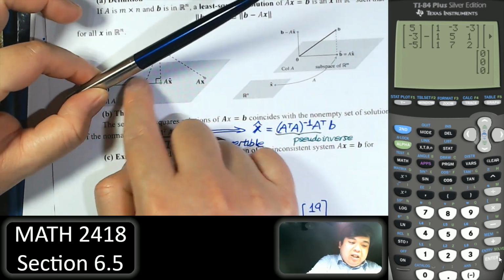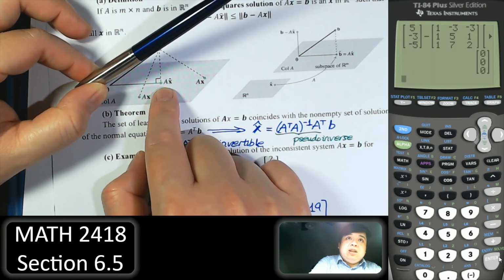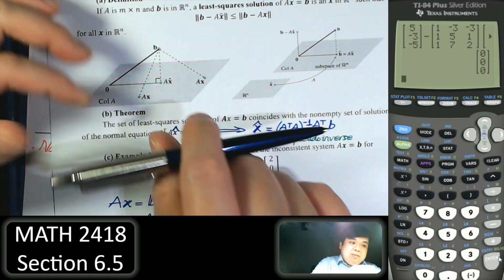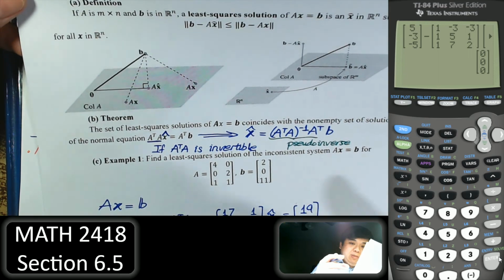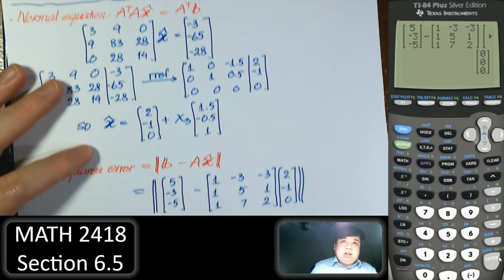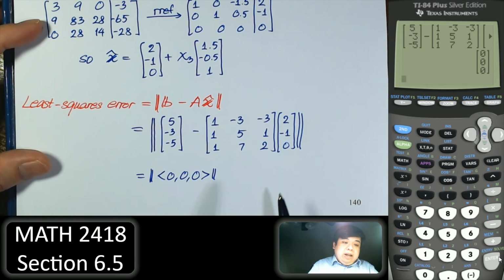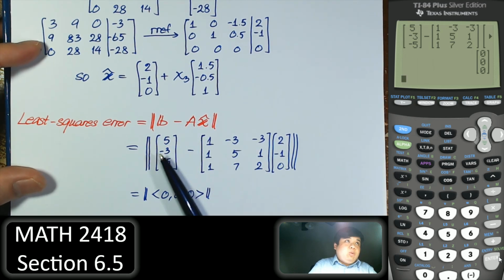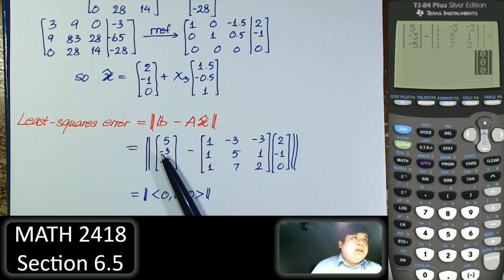If b is not in the same space as Ax, that's one case, but when b is in the same space, then the equation is the same thing as the normal equation, and of course that will be 0. Furthermore, we can choose a different x3.